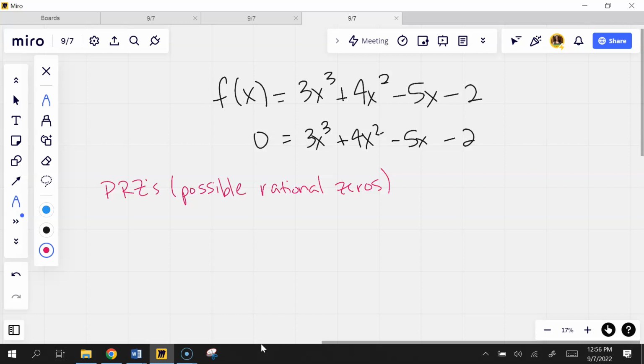I hope so. This is where we do plus or minus factors of the constant divided by factors of the leading coefficient.